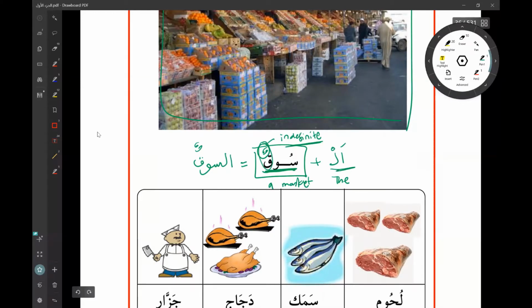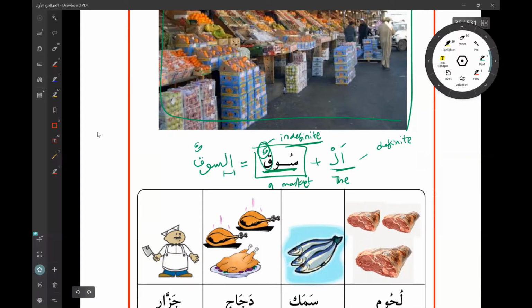And alif lam is definite, right? So how can we have definite and indefinite in the same word? It's like saying "the a market." So it doesn't work, right? You cannot say the article "the" and then say "a" at the same time. You have to know whether it's definite or indefinite. So likewise, we cannot do that.